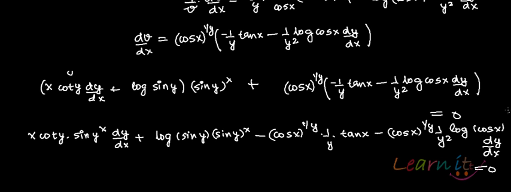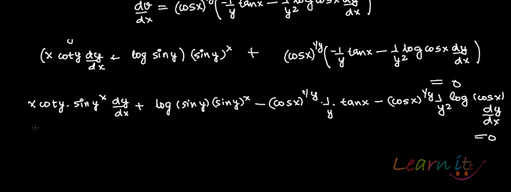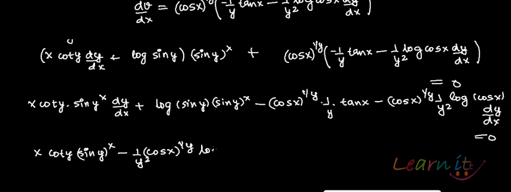So taking all the like terms together, what you will have is x cot of y sin of y to the power x, minus 1 upon y square cos x to the power 1 by y into log of cos x, all of this into dy by dx.